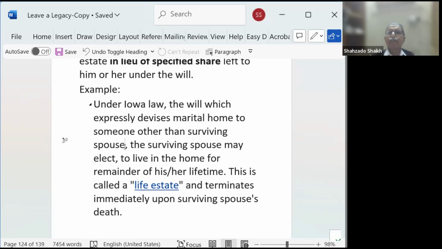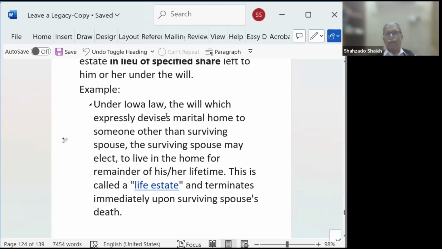But she decides, no, I will not leave the house. I'm going to live in this house. You cannot expel her from the house as long as she's alive, or until she goes to marry some other person, or she, out of her own free will, leaves the house. This is Islamic law, and this is American law.